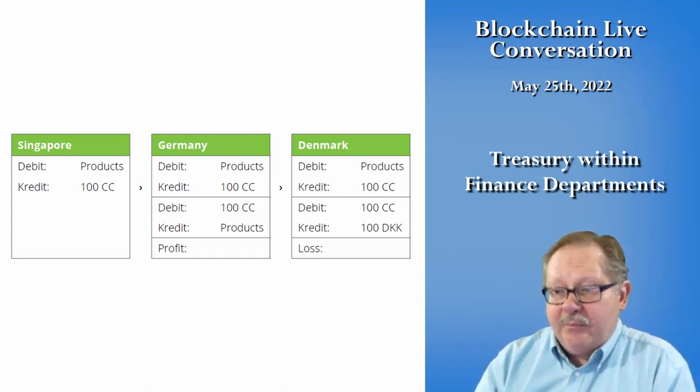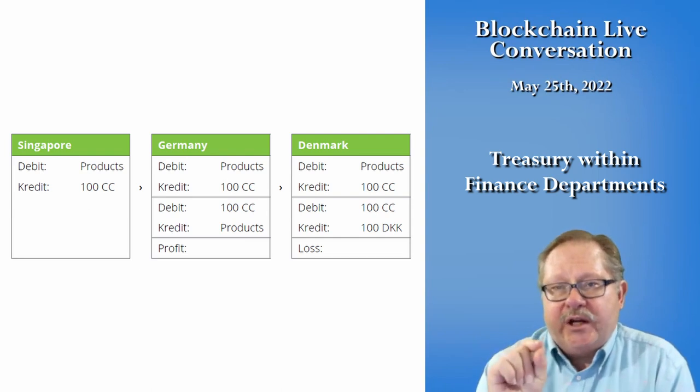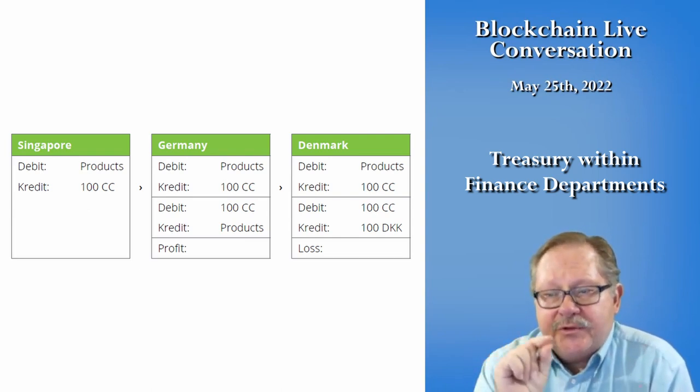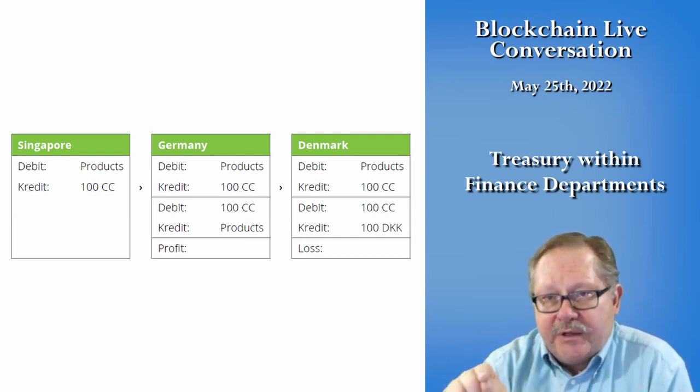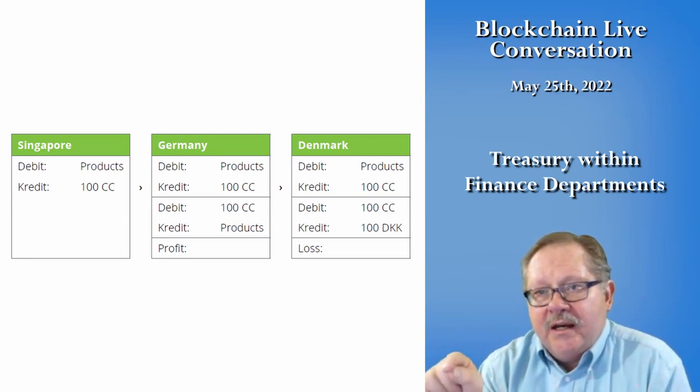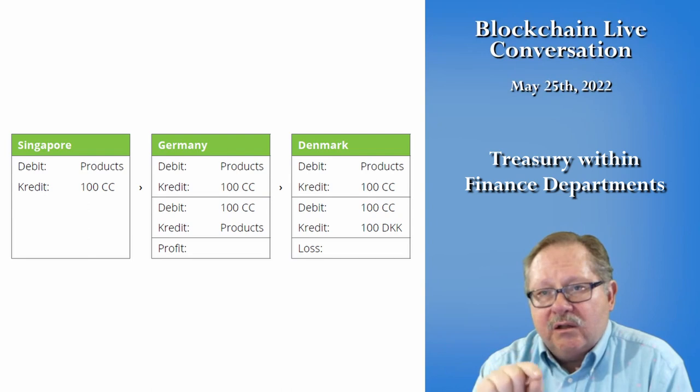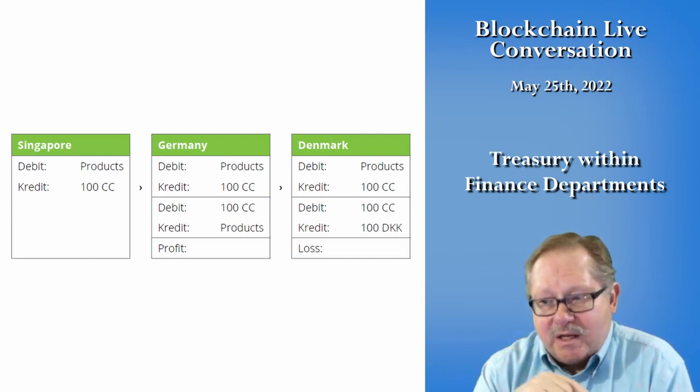So there's only one exchange. It doesn't go from Singapore's currency to Germany's currency, and then from Germany's currency to Denmark's currency. It stays in one single currency, which is the amount that the Treasury has established.